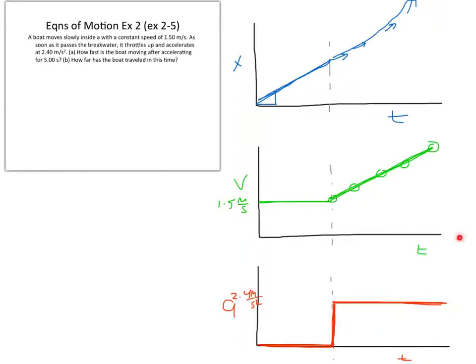The amount of time that elapses is going to be 5 seconds, or 5.00 seconds. And what we want to know is the displacement, or how far it has traveled in that amount of time. And now I'm not actually going to solve it, but I'm going to show you how you could solve for it graphically rather than algebraically.